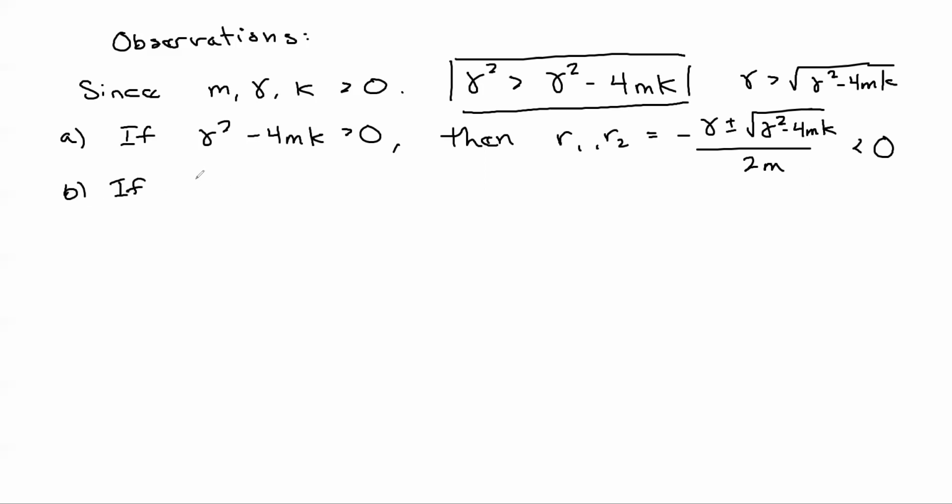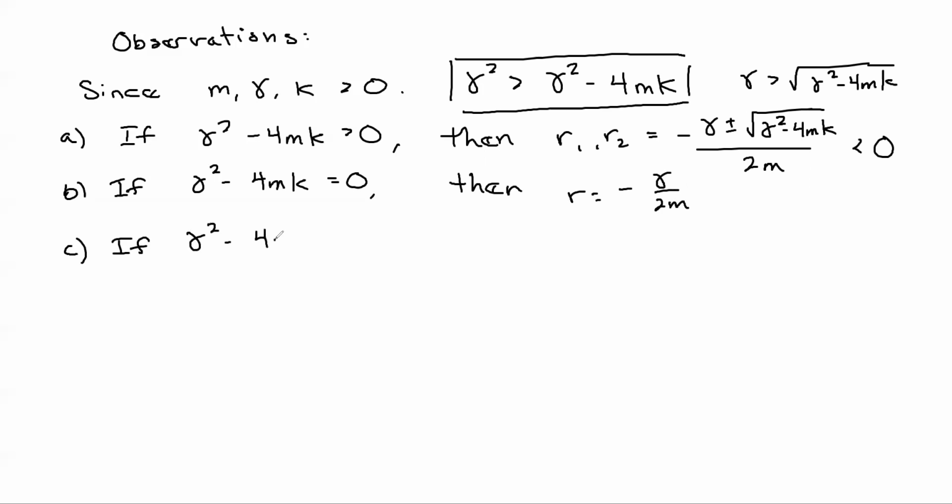B, if gamma squared minus 4mk equals 0, then we have r equals negative gamma over 2m. C, if gamma squared minus 4mk is less than 0, then, so this was a little bit more complicated, you're going to end up with your complex conjugate solutions.